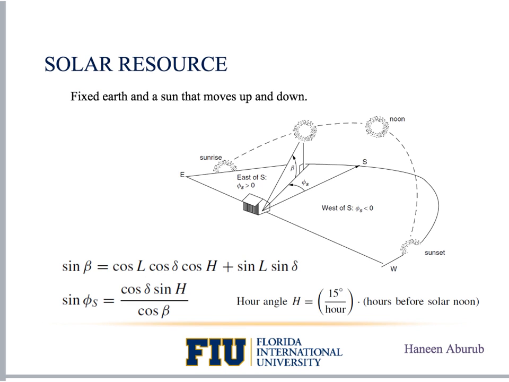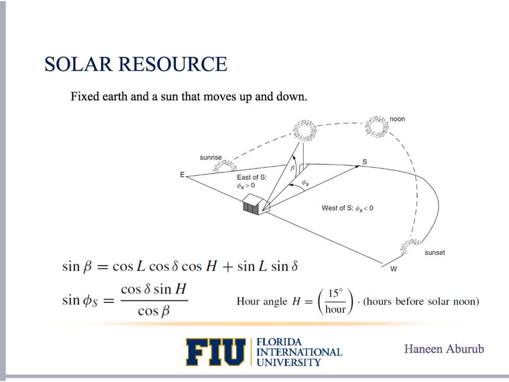Now the sun's position can be described by its altitude angle, which we defined before as beta, and its azimuth angle, which is phi s. This is a new angle that we are adding to the previous angle that we mentioned before. Now the azimuth angle and altitude angle of the sun depend on the latitude, day number, and most importantly the time of the day.